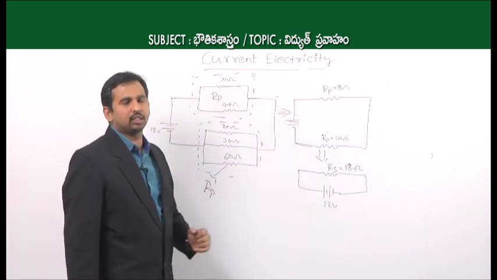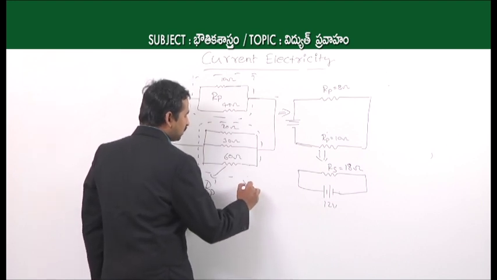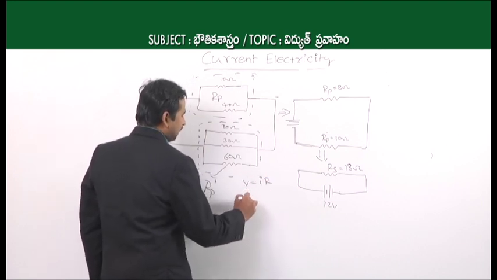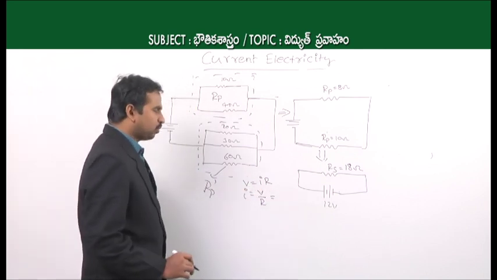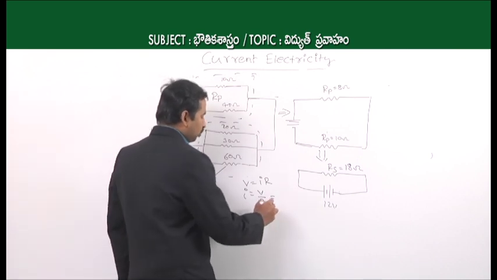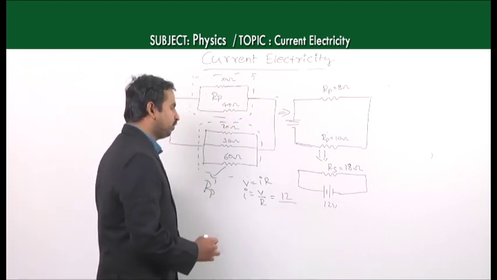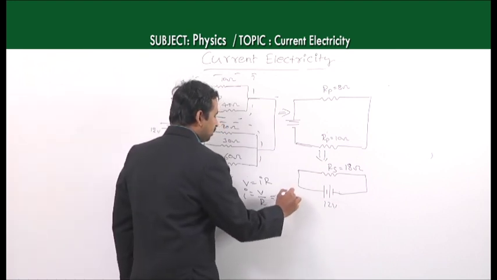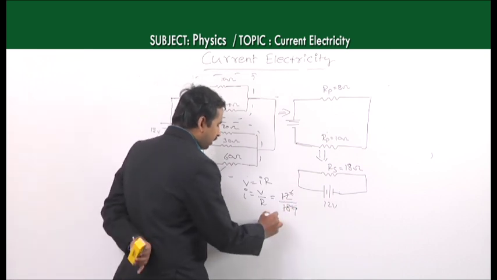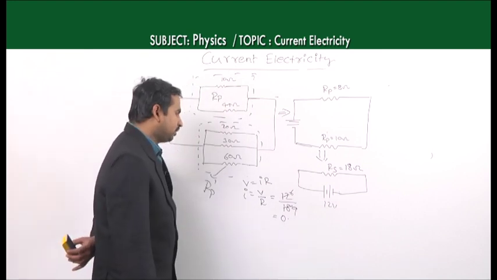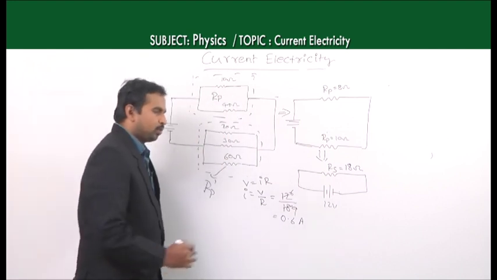If you want to find the total current passing through the circuit, we know that V is equal to IR, so I is equal to V by R. The voltage we are supplying is 12 volts, and R is 18, which is 6 by 9, giving approximately 0.6 amperes.